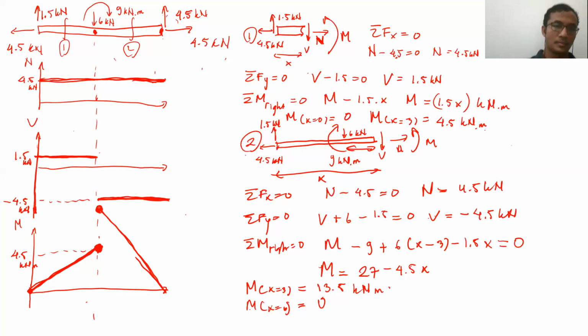Then after that, the value is going down. Why it's going down? Because the shear there is minus 4.5, and so the gradient is minus as well. Okay, that's why it's going down.